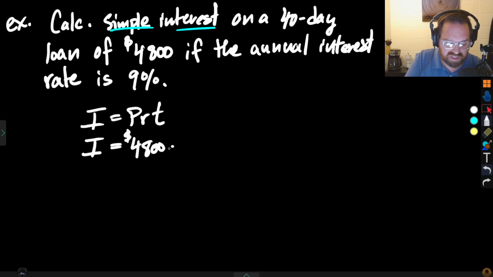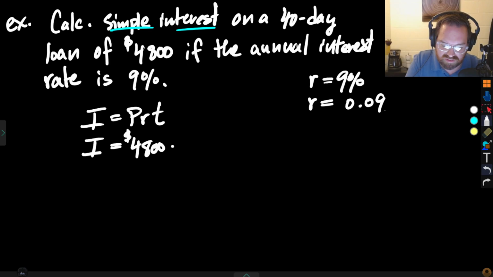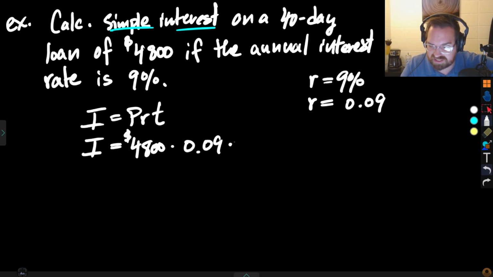Okay, 4,800. The rate is 9%. So remember, R is equal to 9%. We need to convert this to a decimal. This is going to be 0.09. And then multiply that by the time. So 40 days.